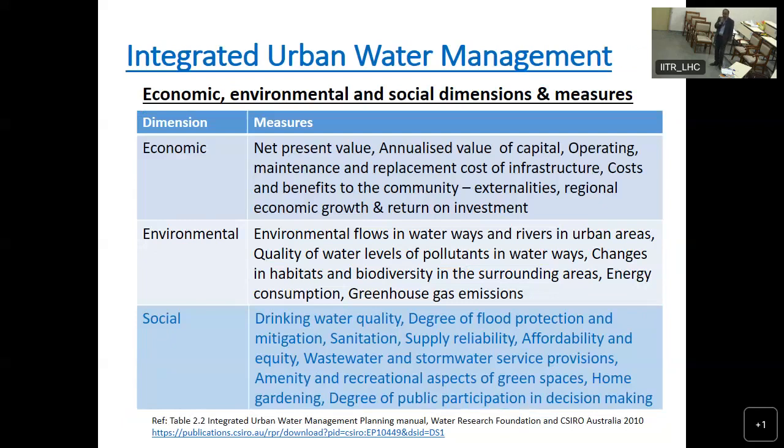So when we are looking at those three aspects, how do we compare the cost? Normally it is the net present value. I think in your undergraduate studies you might have gone through this term. There are a number of equations available to get those values, considering the rate of interest and the inflation, and then you can calculate the net present value based on how long your analysis period is.